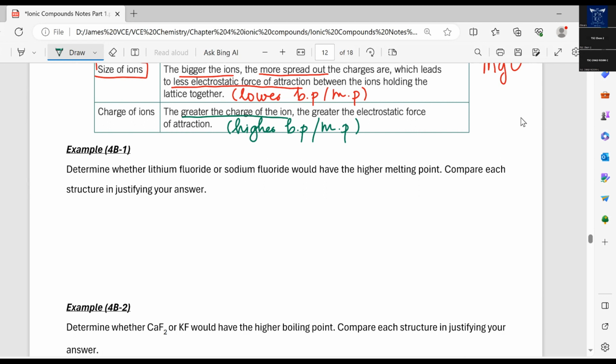Okay, so you can mention here that both compounds have the same charges on their ions.